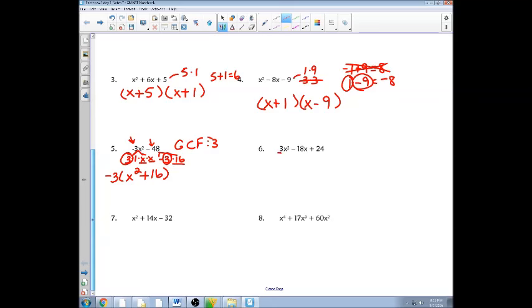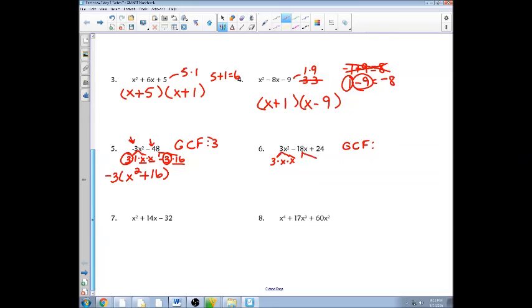On to number 6. I have a number in front of my x squared and I have a number back here. Now, in order for us to have a GCF, all 3 of those must share a certain number. For the first one, it's 3 times x. Not all of them have x's, so x will not be part of my GCF. But it looks like 3 could be.